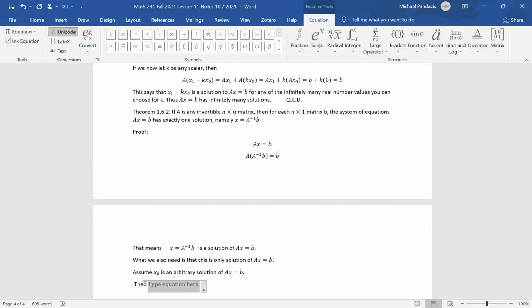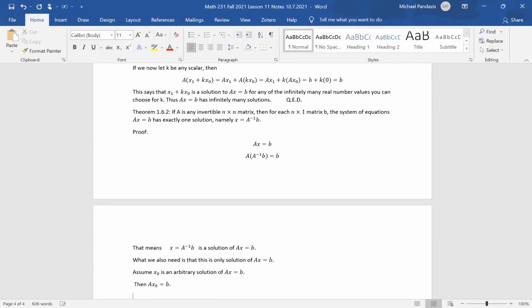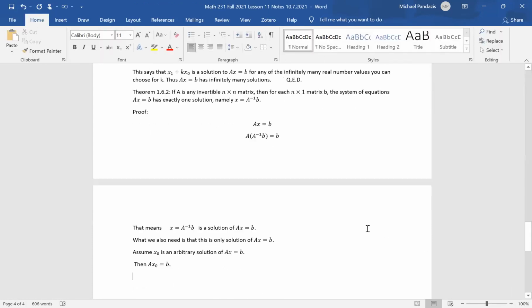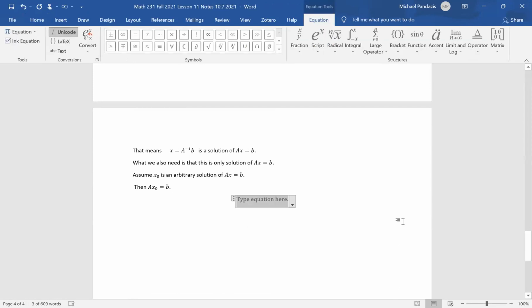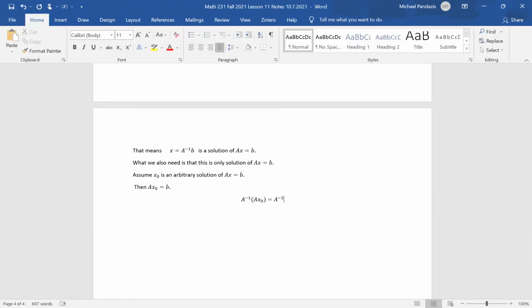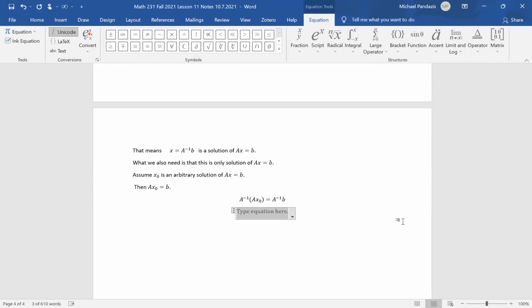Well, then what that means is AX naught is equal to B, right? And X naught is arbitrary. Assuming that AX naught equals B, we multiply both sides on the left by A inverse.